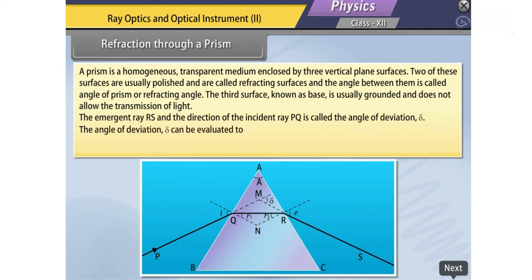The angle of deviation can be evaluated as delta is equal to i plus e minus A.